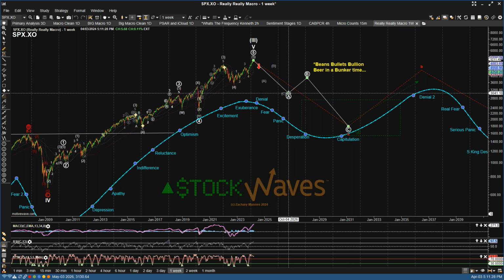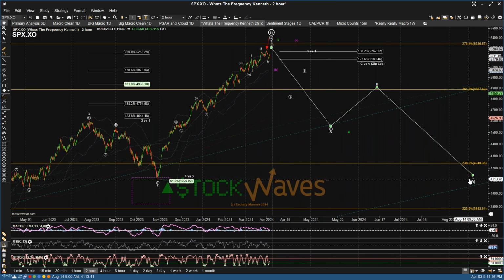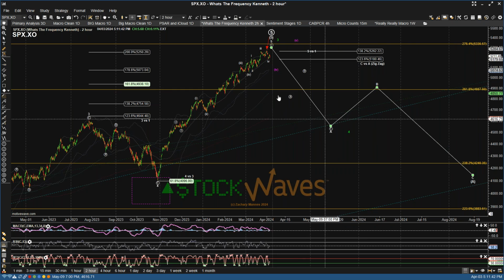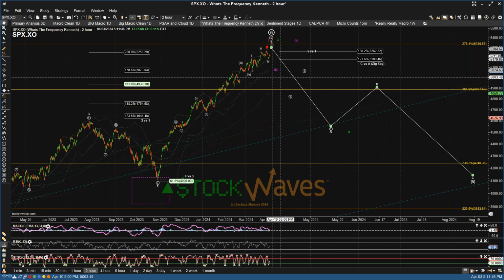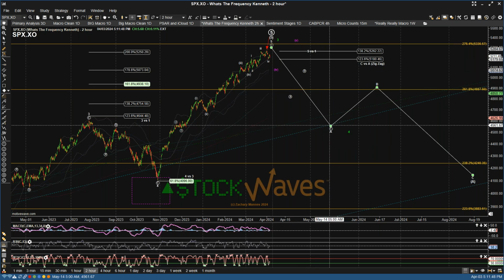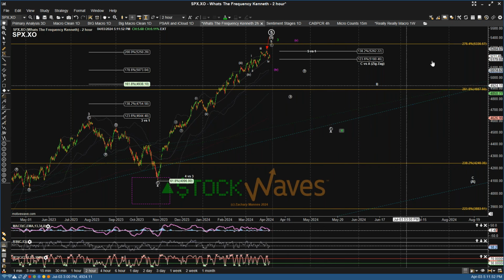And primary A here can easily start with an intermediate degree ABC. And then when we go back to this chart, we can see that intermediate degree parentheses A wave should easily start as a minor degree ABC. And then that can be a minute degree ABC for that A wave. So that ABC for an A wave could be the possible green wave 4 setting up for another extension.